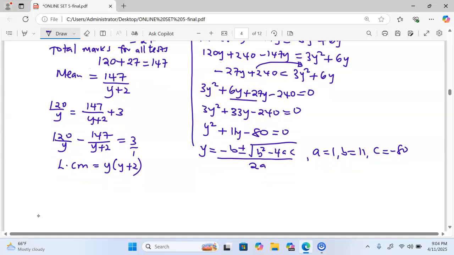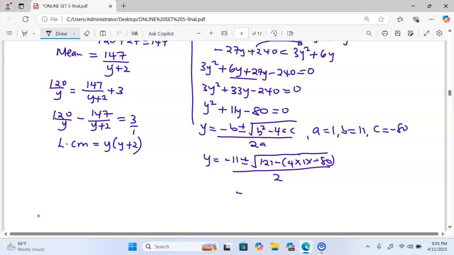Now we can substitute. Y is going to be equal to minus b, and our b is 11, so we are going to have minus 11 plus or minus square root of b squared, which is 11 squared, which is 121, minus 4 times a, which is 1, times c, which is negative 80, divided by 2 times 1, which is 2.